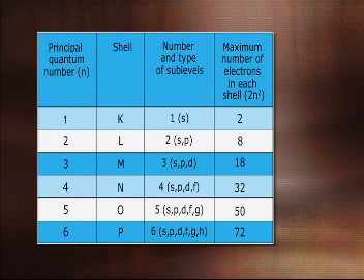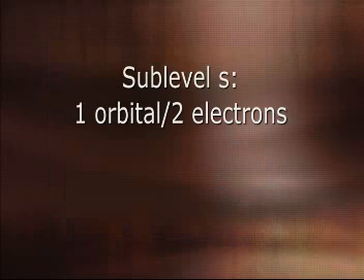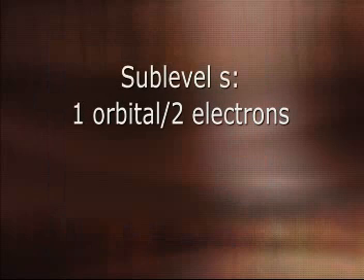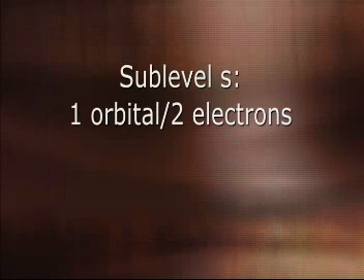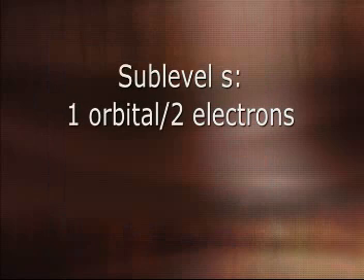The quantum mechanical model suggests that each subshell contains a given number of orbitals, each of which can only accommodate a maximum of 2 electrons at a time. However, the number of sublevels grows with each energy level. Thus, sublevel S has 1 orbital and can hold a maximum of 2 electrons.